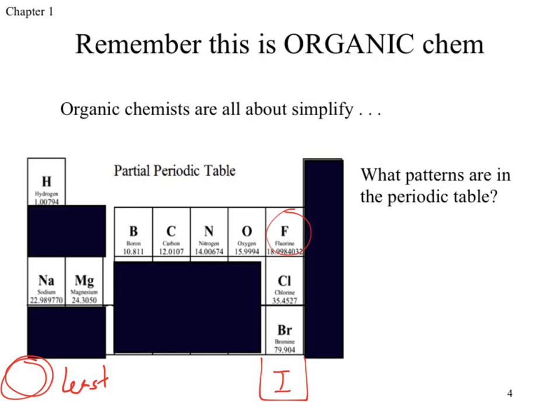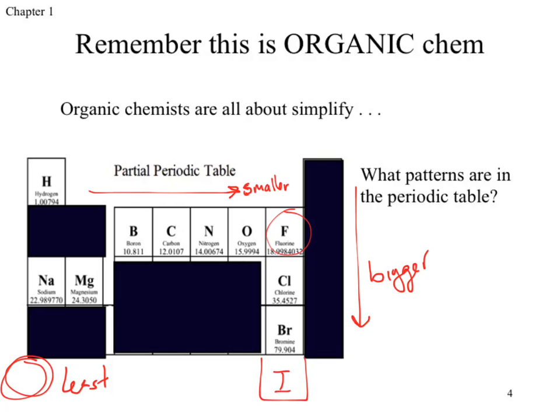We go left to right, what happens to our size? It depends what you're looking at, ionic versus atomic. But in general, our atomic size usually gets a little bit smaller. What happens as we go down? Bigger.